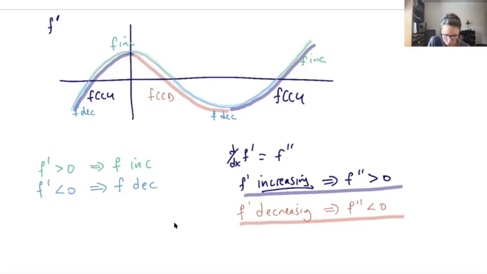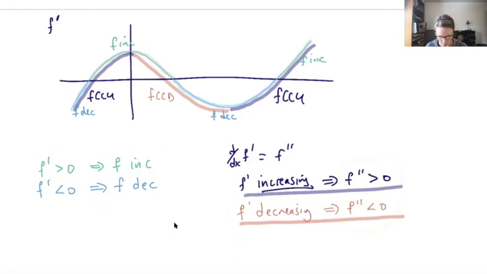So I think the key to this one is remembering that this is a graph of the derivative, and then the parent function is increasing when the derivative is positive. Parent function is decreasing when the derivative is negative. And if we want to talk about concavity, we have to look at the second derivative, which is the derivative of the derivative. So that would be when the derivative is increasing or decreasing.